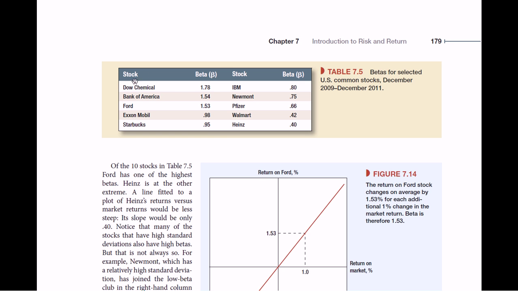Table 7.5. We look at the different betas, and they're arranged from high to low. The highest beta is from Dow Chemical, and the lowest is from Heinz.